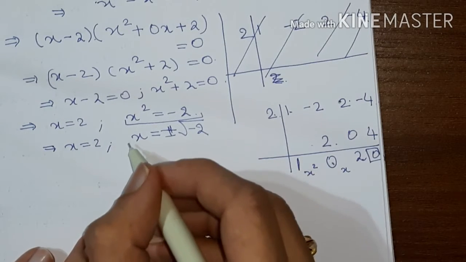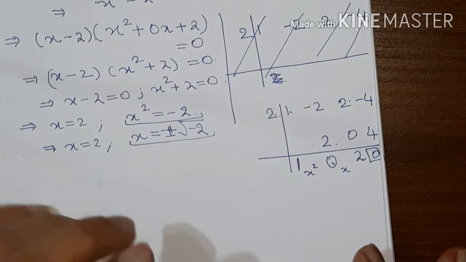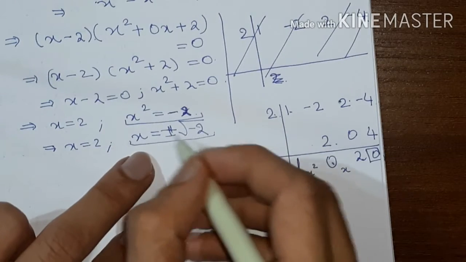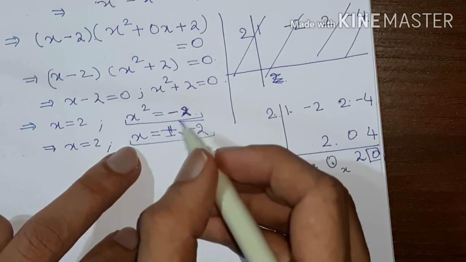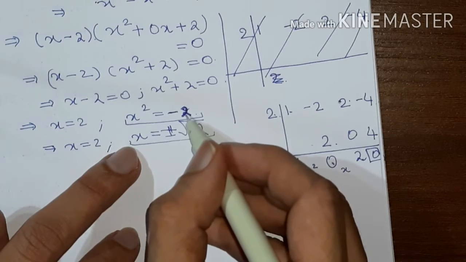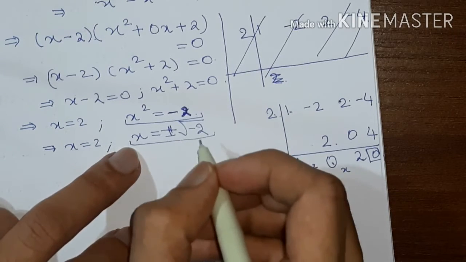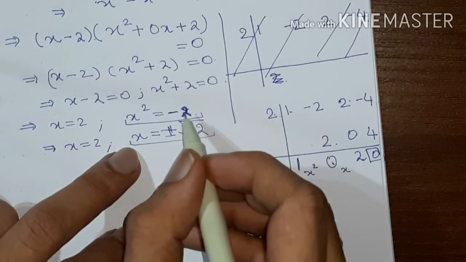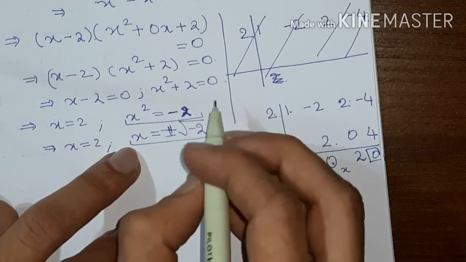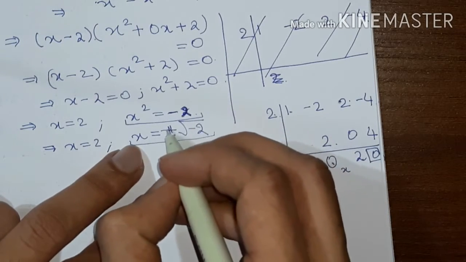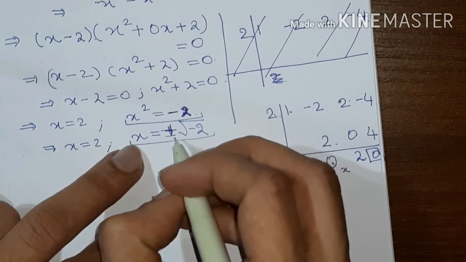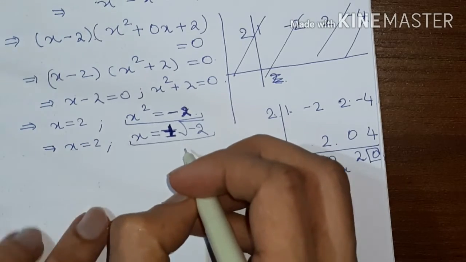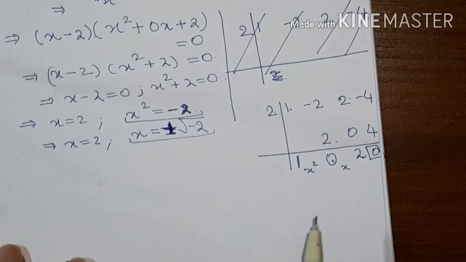You may get a correct answer, but when you have a negative number on the right hand side, that time you can take root on both sides. But whenever you have a positive number, don't take root on both sides. And if you are taking the root directly, you have to remember to write plus or minus.